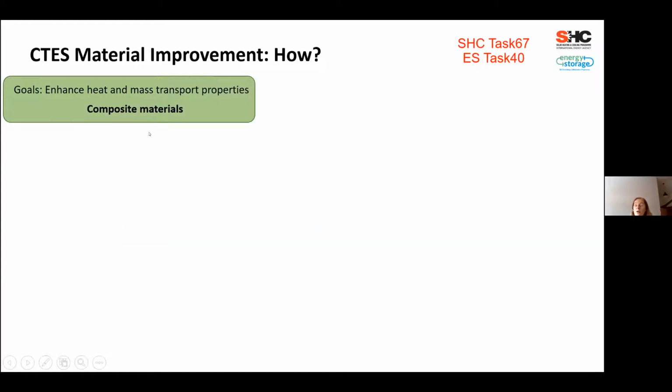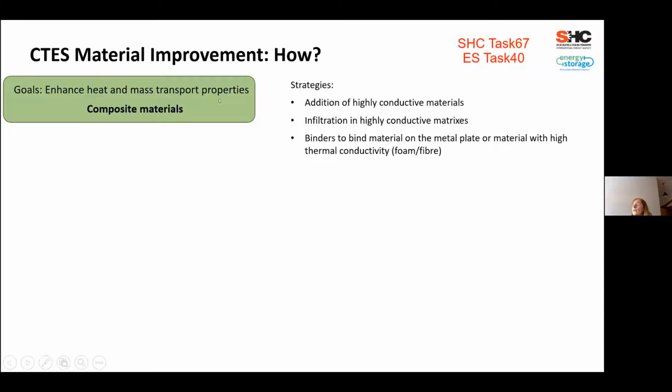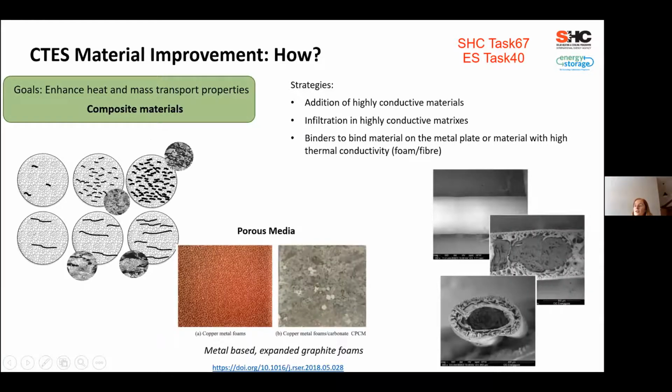As I told you before, we would like to have a material with very nice thermophysical properties, so enhanced heat and mass transport properties. Also, in this case, we imagine to synthesize composite materials using, for example, highly conductive materials as in this picture.